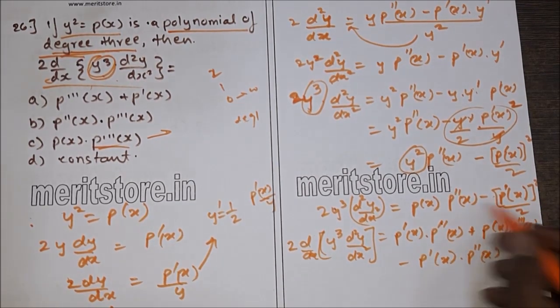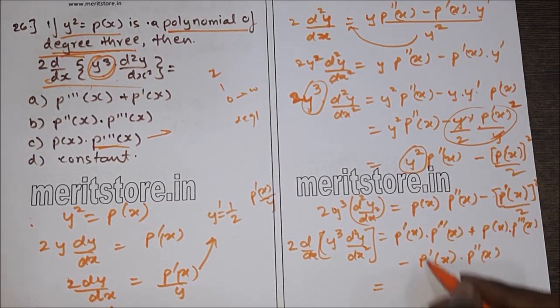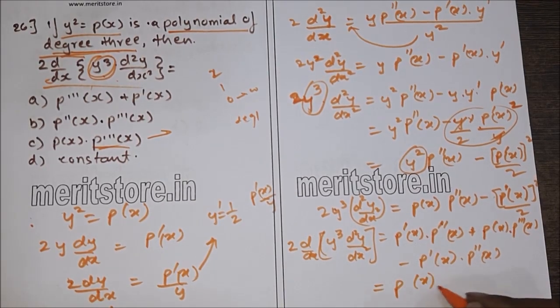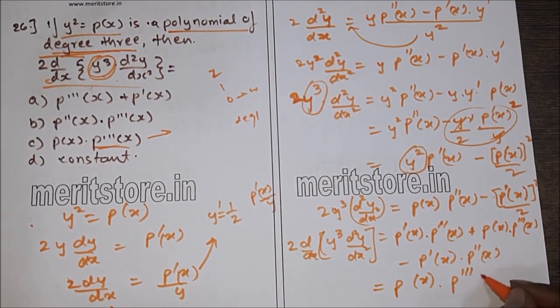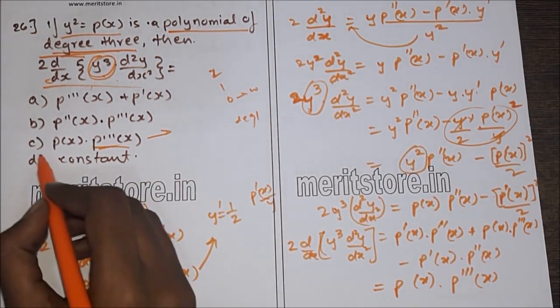Simplifying this term, the differentiation, finally we get p of x into p triple dash of x, which is option C.